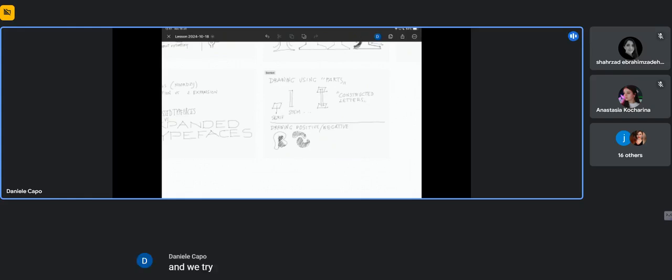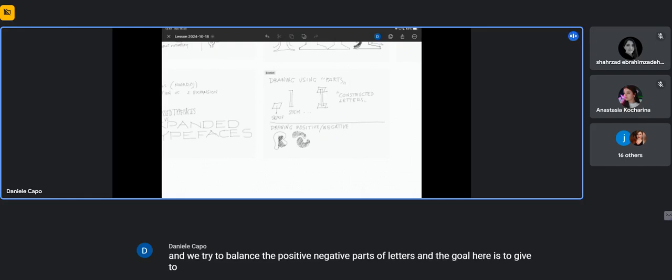And we try to balance the positive and negative parts of letters. And the goal here is to give to the empty part, the white part, the negative part, a good shape.